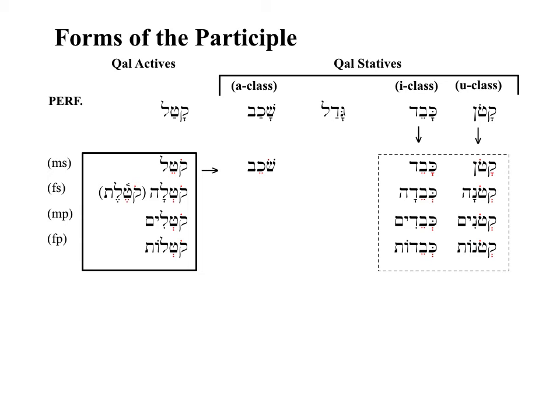So shakav actually has a participle shokav, shokava, shokavim, shokavot. But gadal, on the other hand, follows the pattern for the statives. So you'll find gadal, but the participle will be gadel, gedela, gedelim, gedelot. So these are kind of a mixed pattern.